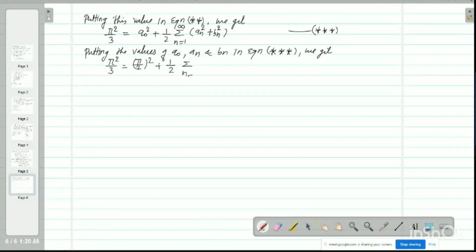Sum running from n equal to 1 to infinity of a_n.